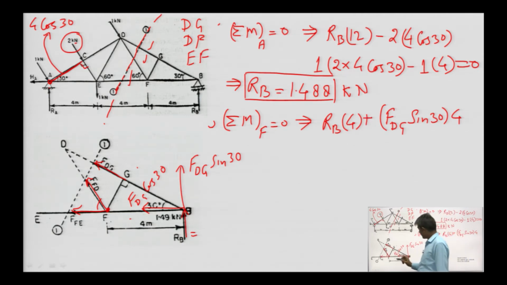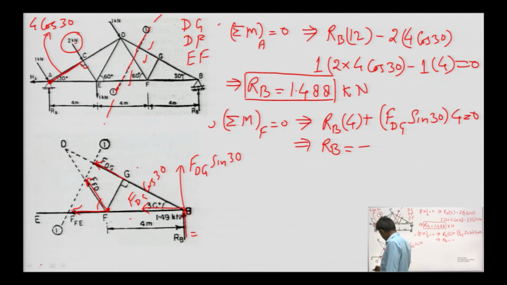There is no other force, so it will be equal to 0. So, the value of R_B will be how much? 4 will be cancelled, minus, okay.